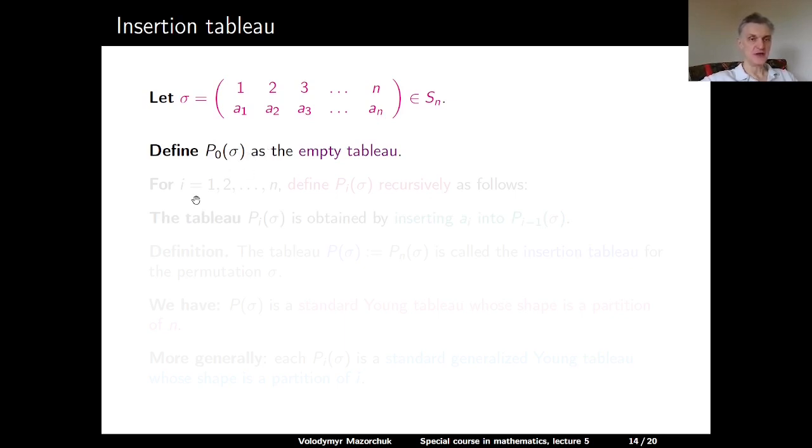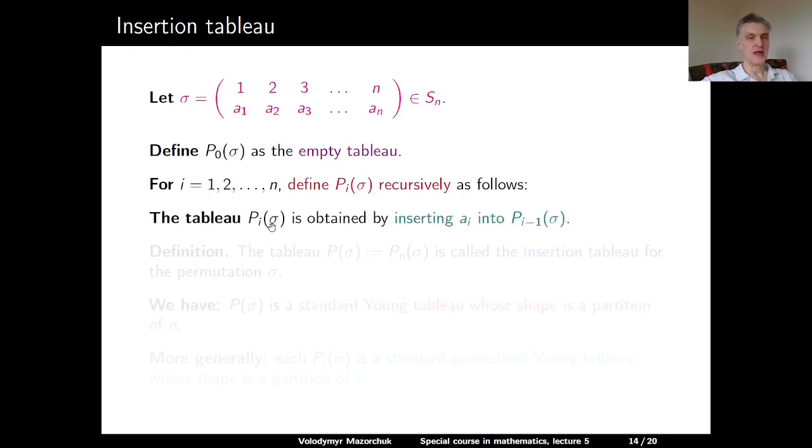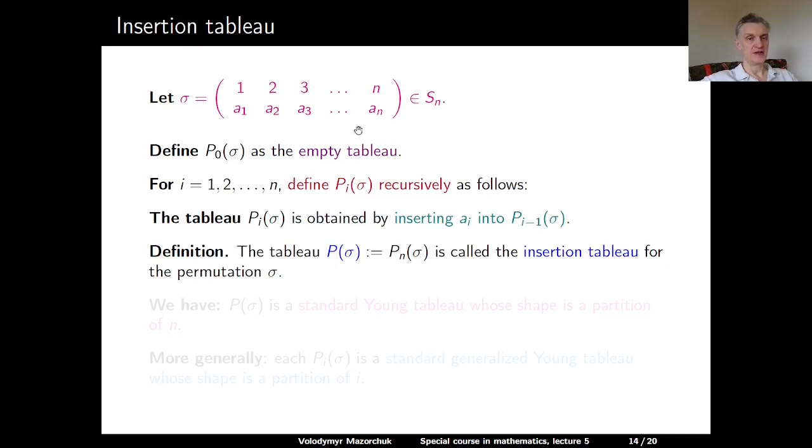And now recursively, for i between 1 and n, define the tableau Pi of sigma as follows. The tableau Pi of sigma is obtained from the tableau P(i-1) of sigma by inserting the number ai. Definition: the tableau P of sigma, which is the last tableau in this sequence, so that's Pn of sigma, is called the insertion tableau for the permutation sigma.